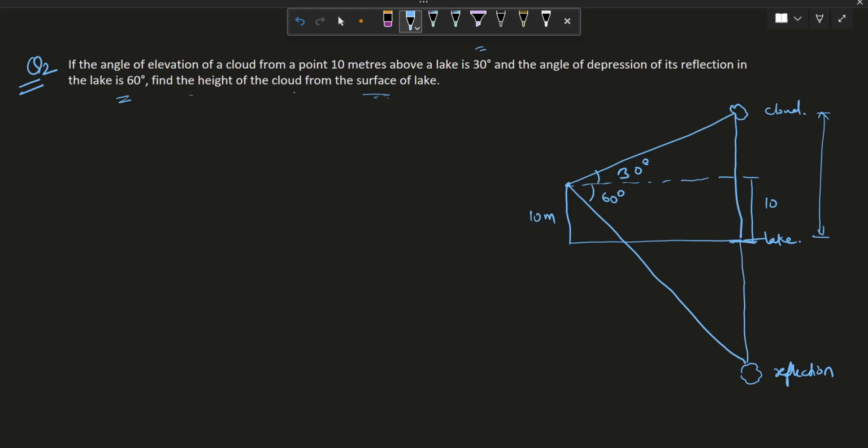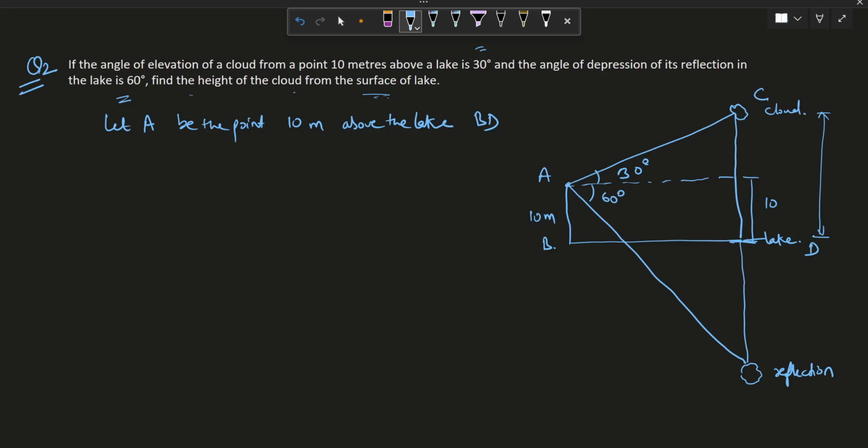Okay. So now let's begin. Let A be the point 10 meter above the lake. Let me name the lake surface BD. Okay, this is the lake surface.